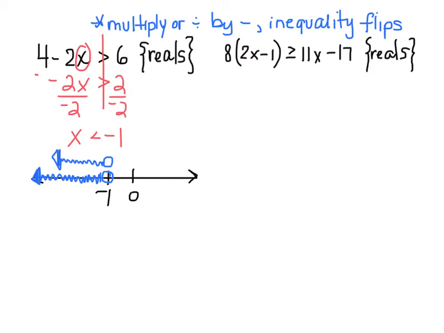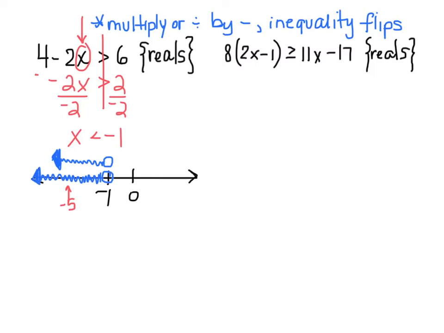Just make sure you put the arrow on the end. So we're going to just test one of these numbers. If I plug in -5 to this x right here, 4 minus 2 times -5 would be 4 plus 10, which is 14, which is greater than 6, so this is right.